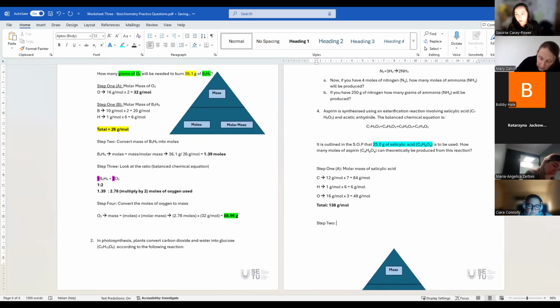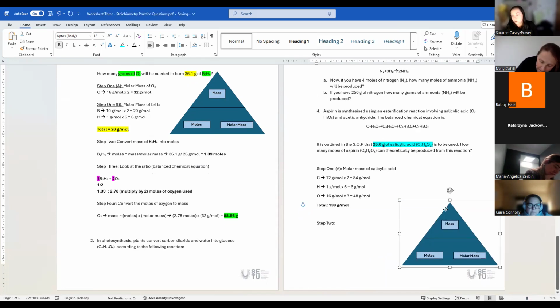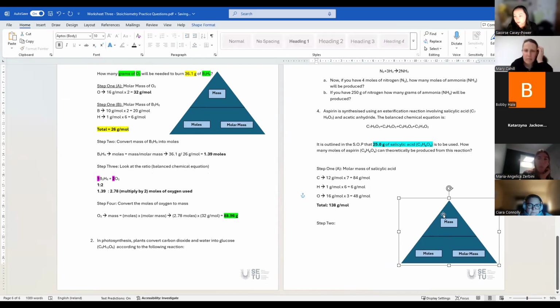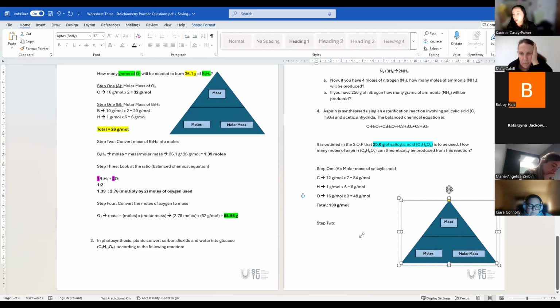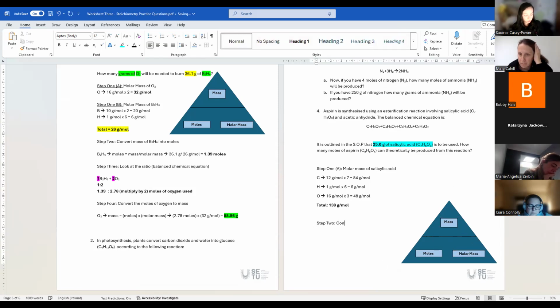We're given a mass of salicylic acid in the question, that 25 grams there. Looking at what we have in our triangle, we're given a mass. We've worked out the molar mass of what we have. We need to convert that to moles, and I have each of the values I need to do that. So as per usual, step 2 is to convert the mass to moles.